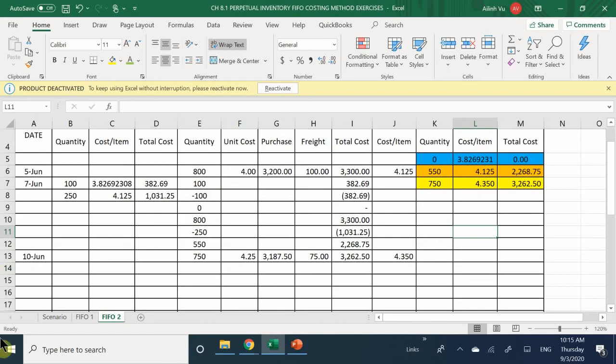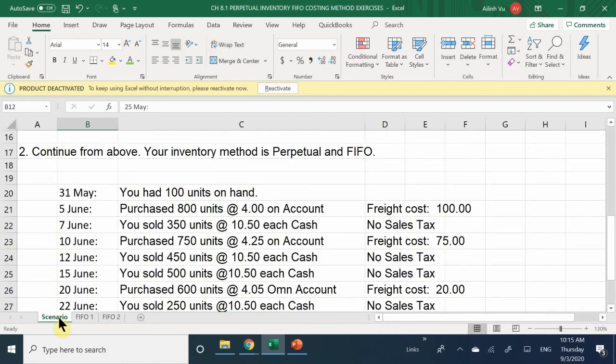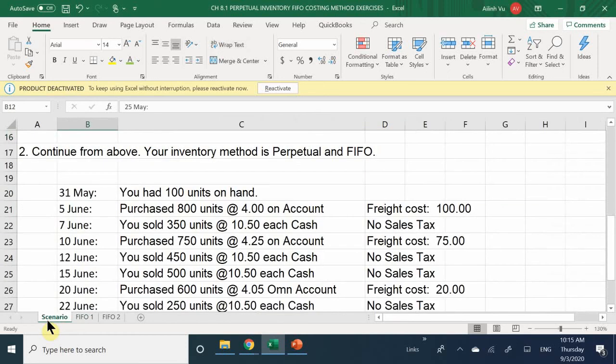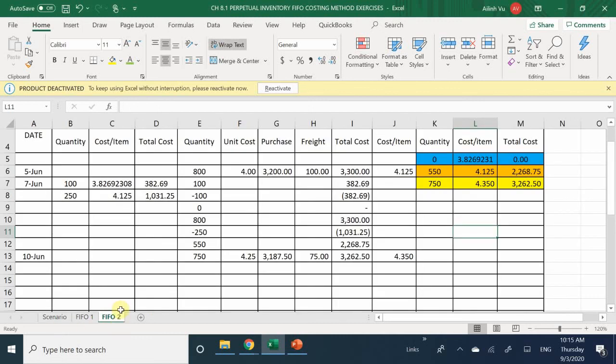All right. Okay, so what happened next? 450 units were sold. Okay, so what do I do with that 450? Wait, let me see the date. The date was June 12th, so 450 items were sold.